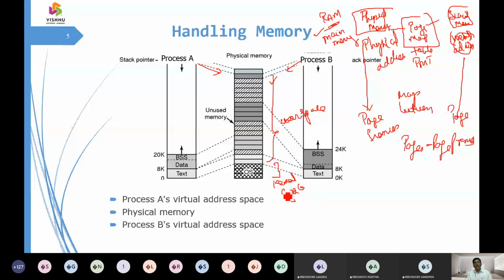The entire user data may not fit at a time in the physical memory, so we need some virtual memory. Virtual memory is an illusion, a false copy of physical or main memory, nothing but the random access memory.